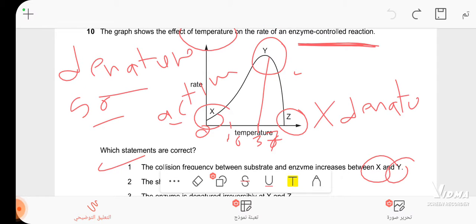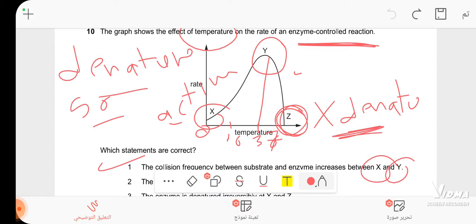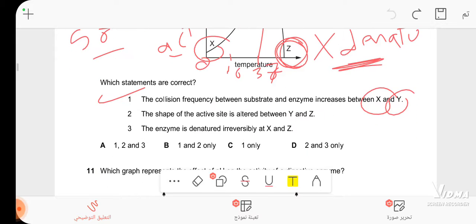Yes, Y and Z. As we said, at high temperature the enzyme is denatured, so the active site is denatured. The enzyme has an active site which is complementary to the substrate. Any enzyme has its specific active site which binds to its specific substrate. There is an enzyme for fats, for proteins, for carbohydrates, and so on. But is it right that the enzyme is denatured irreversibly at X and Y?